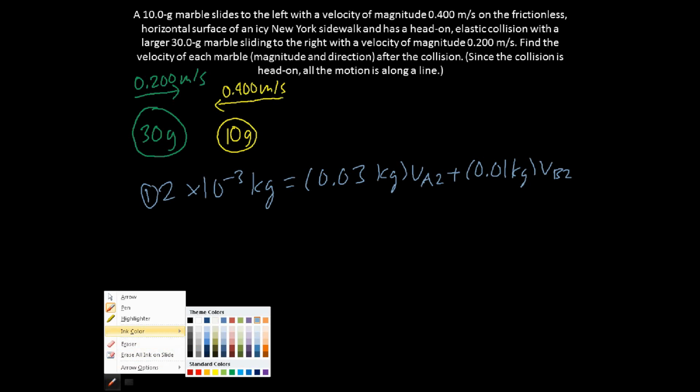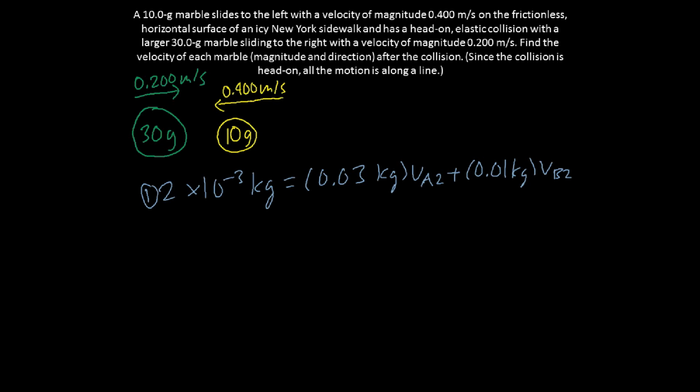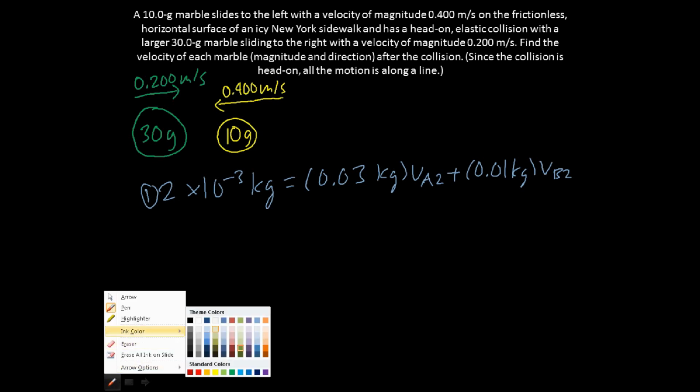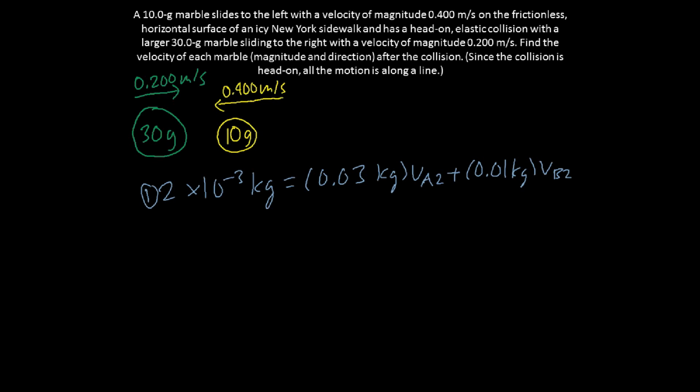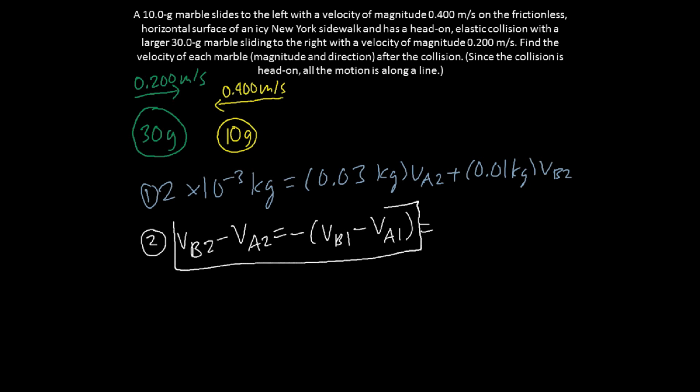Now this equation: VB2 minus VA2 is equal to negative VB1 minus VA1, and this is what you should remember when we have two unknown final velocities in the elastic collision equation.